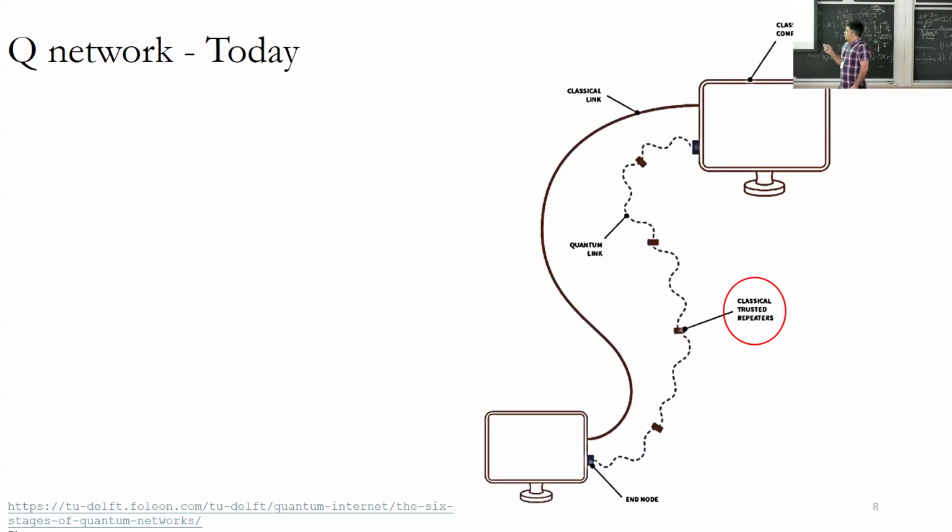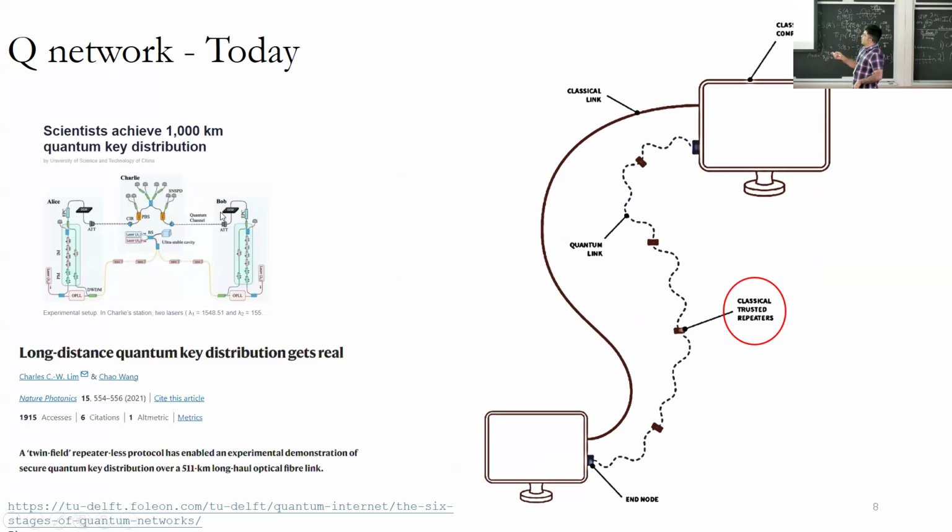All right, so most of what we know today about quantum networks, all of this news about 1,000 kilometers or 500 kilometers, actually has a caveat. They all rely on classical trusted repeaters, where the amplification is actually classical. What happens is your quantum information comes to these trusted nodes, you measure it, convert it to classical information, amplify it, and then re-encode it into the channel.